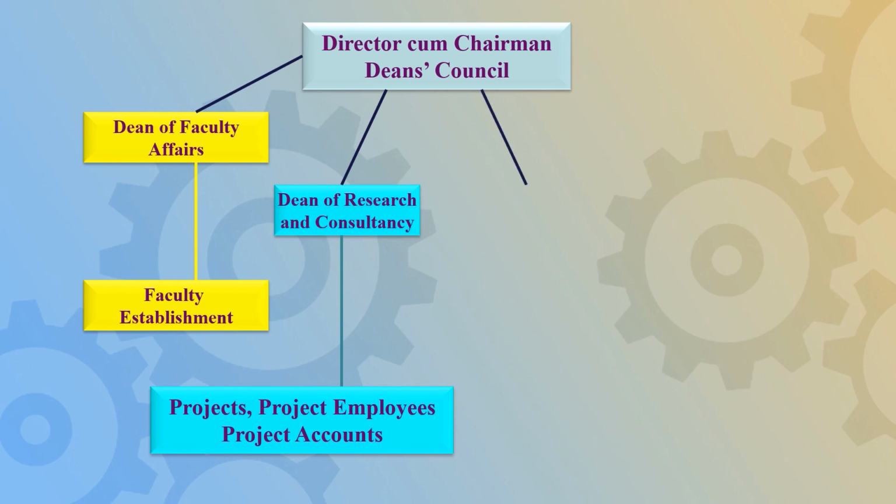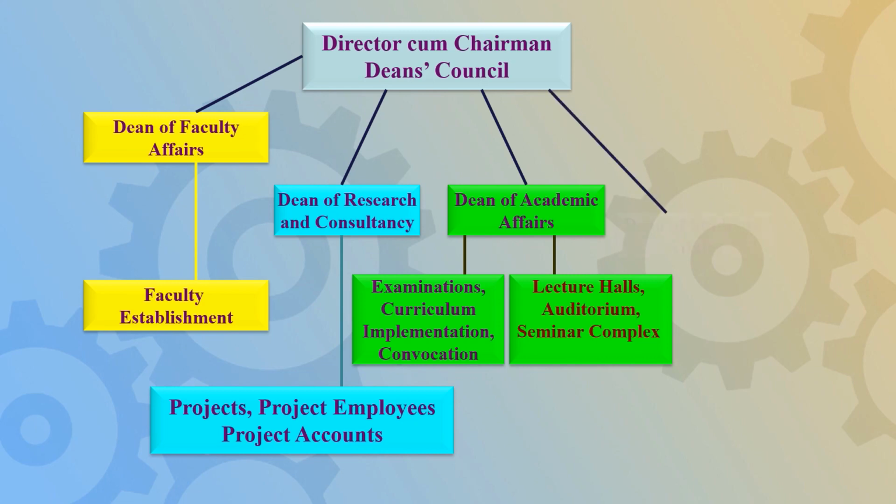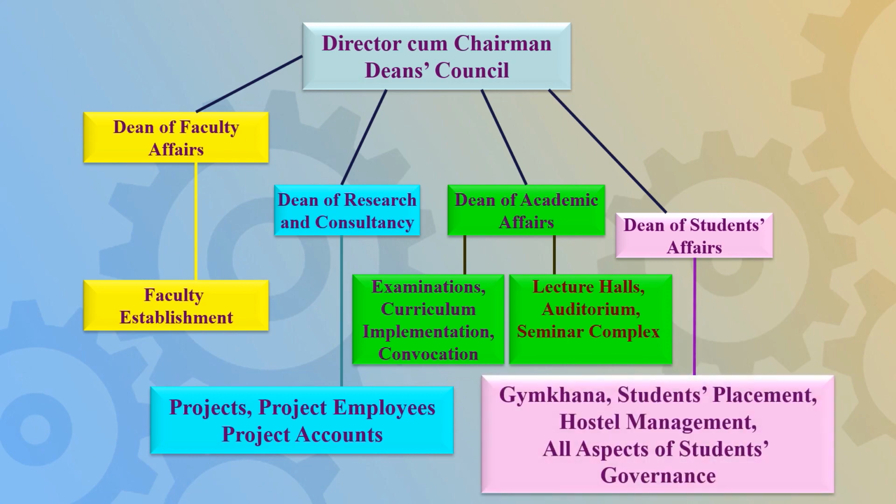Then you have the Dean of Academic Affairs, a very important position, because this controls all the examinations, curriculum implementation, convocation, then lecture hall maintenance, auditorium, seminar complex, everything is done by the Dean there. And you have the Dean of Students' Affairs, which controls the whole floating academic population, the students, undergraduate, postgraduate, research scholars, everything.